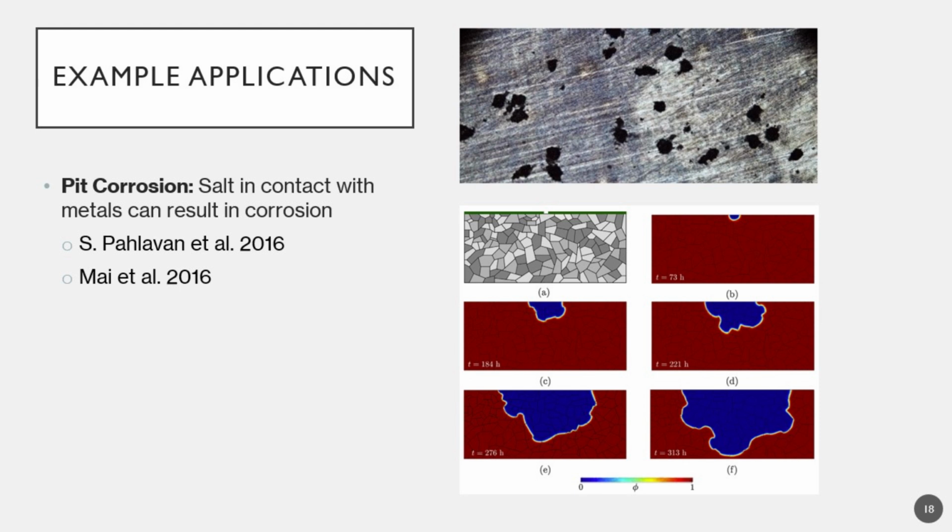From images B to F, there's a progression of pit growth modeled over time, and you can notice the blue regions, which represent the corroded material, and how they expand over time, for example from 73 hours to 300 hours.